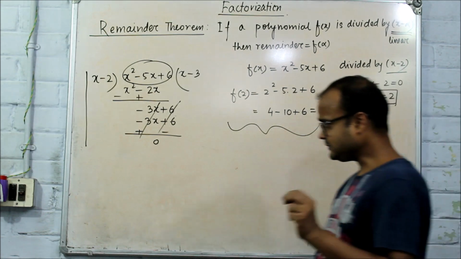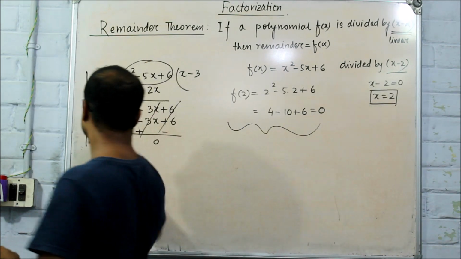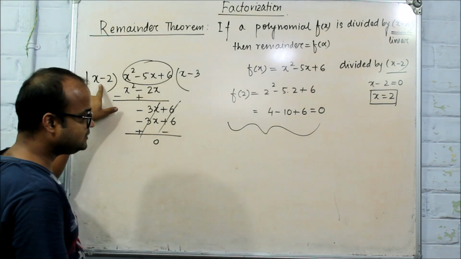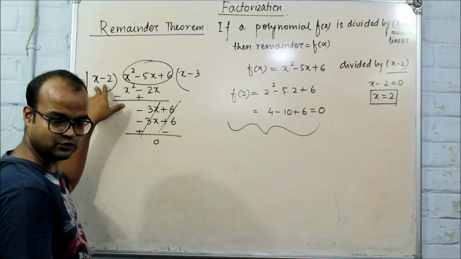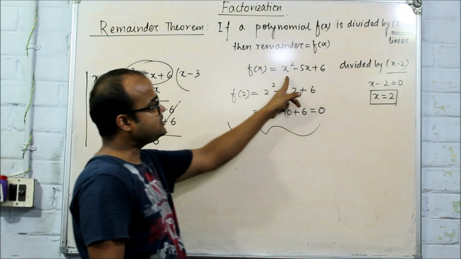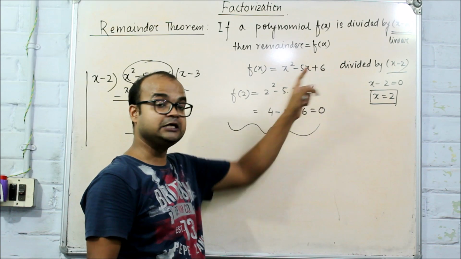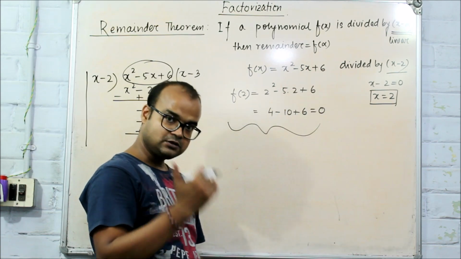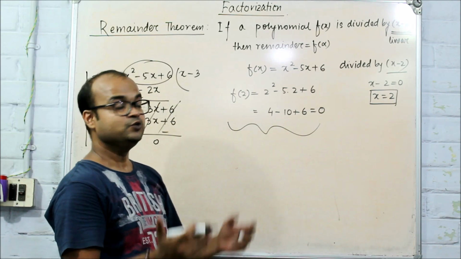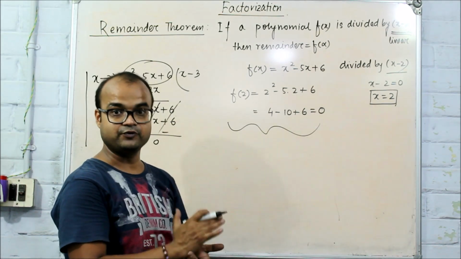Clear? That means there is no need to go through this entire process. Just equate the divisor to 0 and substitute in place of the variable in the given polynomial. Compute or simplify, and you will get the remainder without actually performing the division.